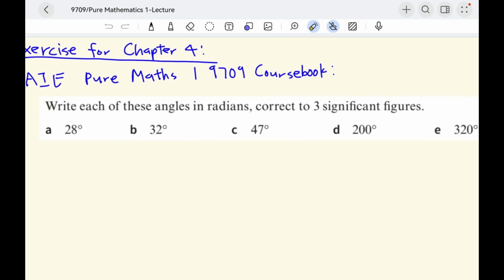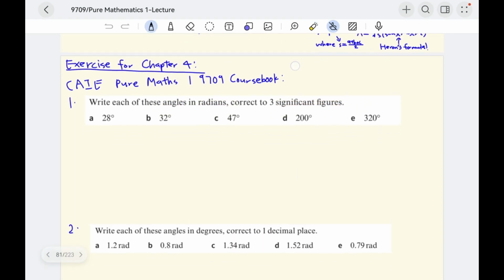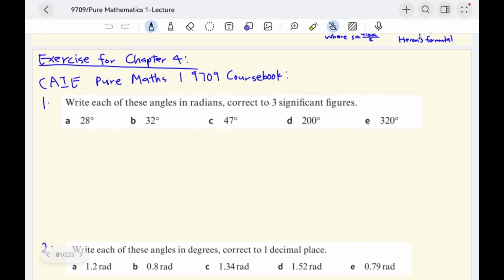Write each of these angles in radians, correct to 3 significant figures. So, you need to know the relationship for converting angles from degree to radian, right? Let's say theta. Okay, what is the relationship? From degree to radian, just multiply by pi over 180.